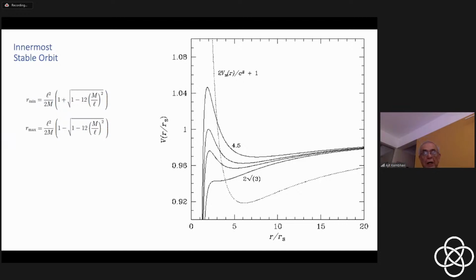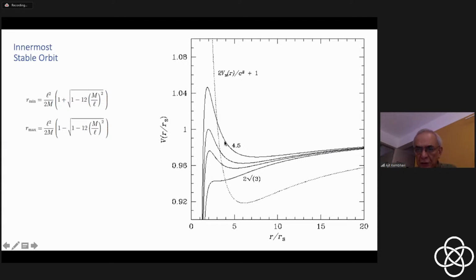But when you've got a finite angular momentum, then you get these potential wells. You see that the lower the angular momentum, the closer the minimum moves to the black hole. It's a very important point because the minimum is going closer to the black hole.